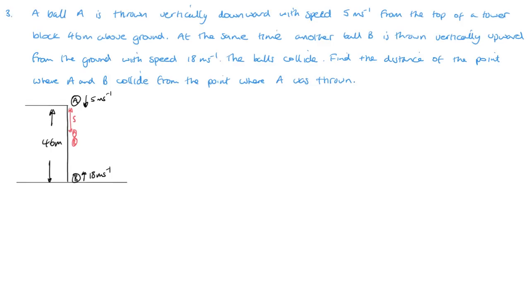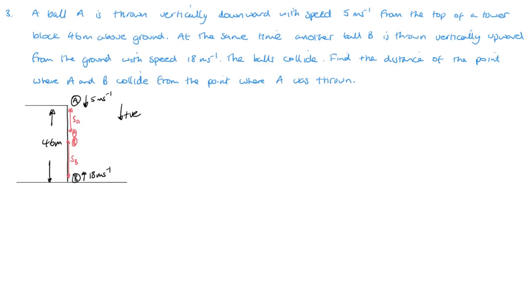So to make it easier, because I want that distance, I'm going to take down as being positive. Okay. Now that S that I want to find, I'm going to call it SA. And then this S is going to be SB.